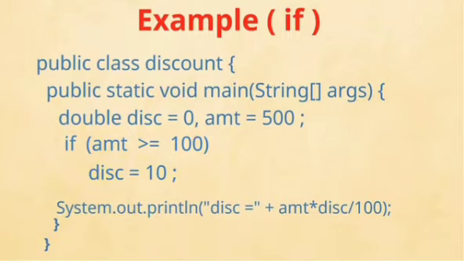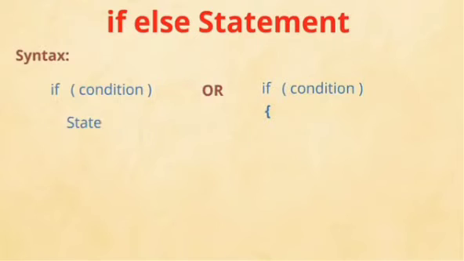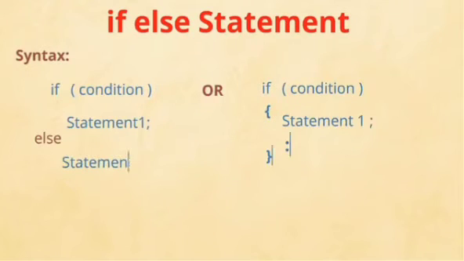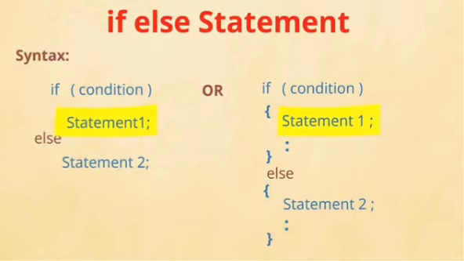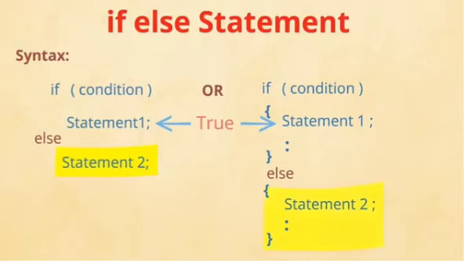Next one is the if else statement. The syntax of the if else statement is if, in the brackets the condition, statement 1, else statement 2. For compound statements: if condition, curly brackets, statement 1, statement 2, etc., then else, curly brackets, statement 1, statement 2, etc. If there is only one statement, there is no need for curly brackets.